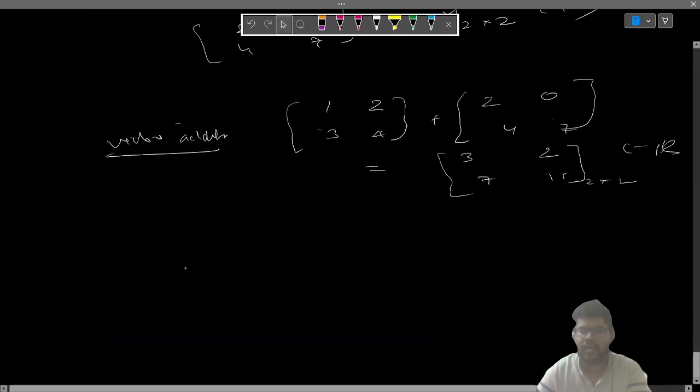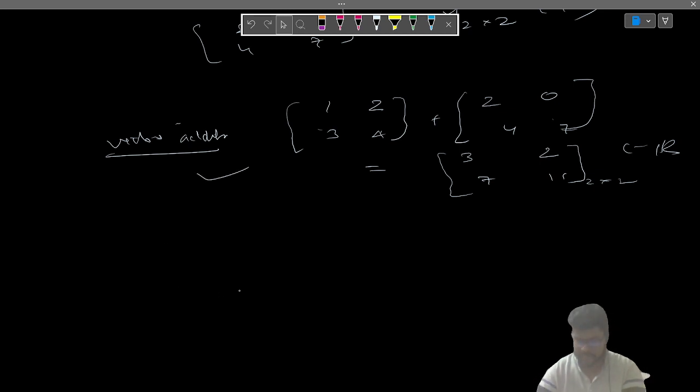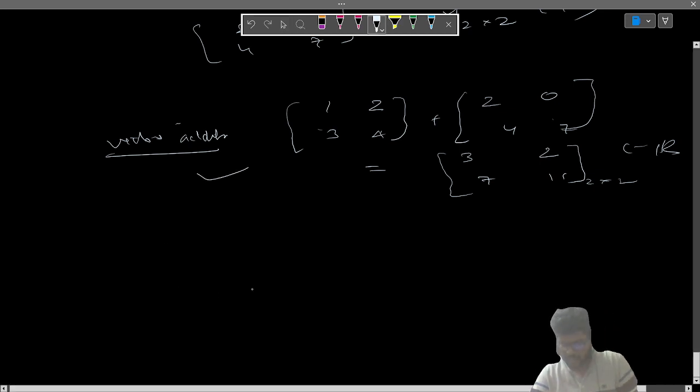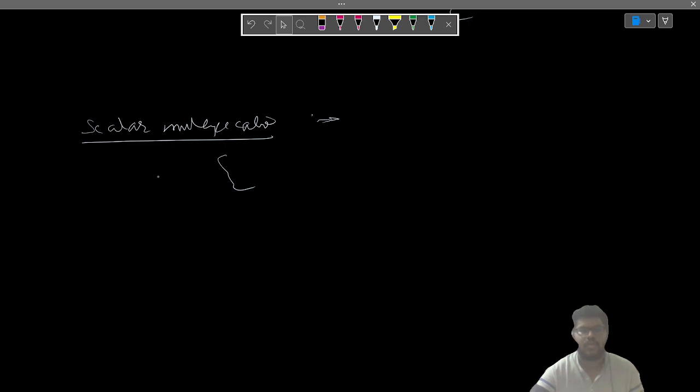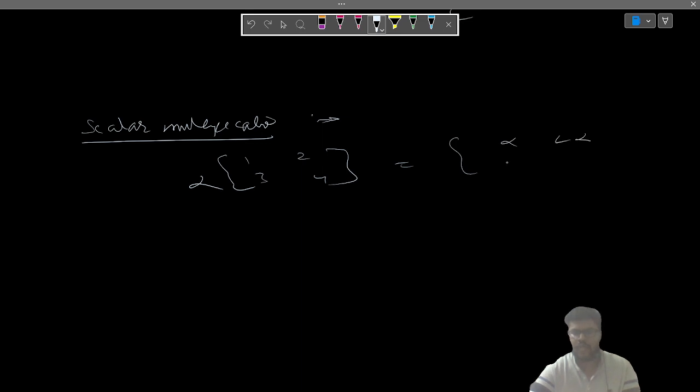So therefore the vector addition property is satisfied. Now scalar multiplication. Suppose [1 2; 3 4] into alpha, then it is [alpha 2alpha; 3alpha 4alpha]. Then it is also satisfied.